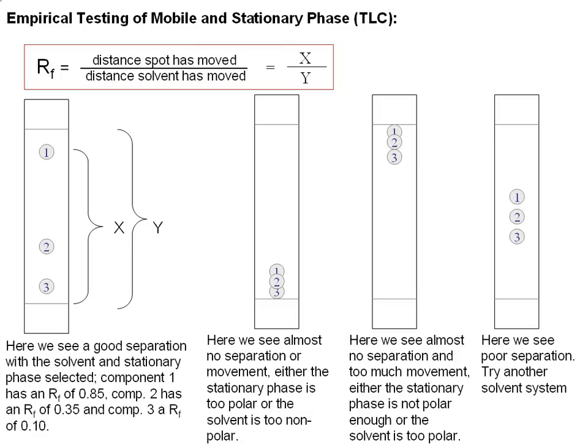And just to the left of that, second from left there, the solvent is too nonpolar. It's not moving your components far enough. On the far right, you have all three components moving, but there's really not such good separation. You may want to try a completely different solvent system in order to separate those.